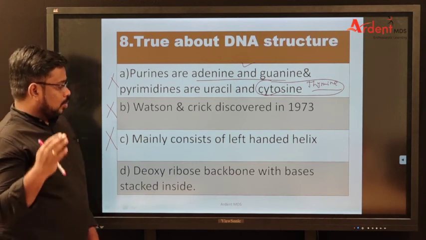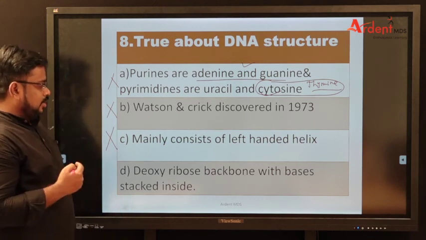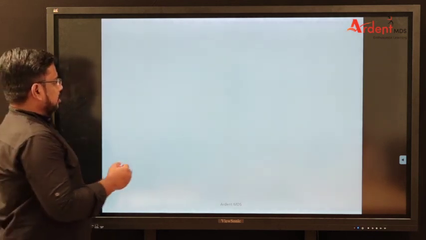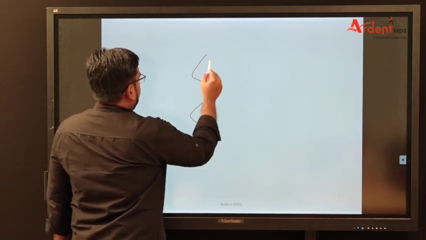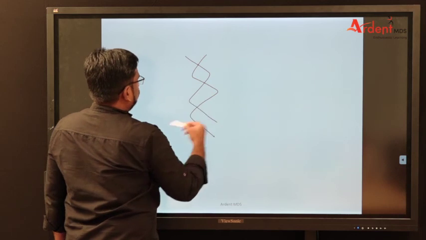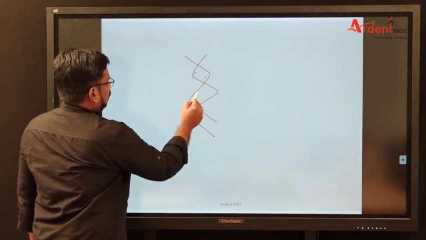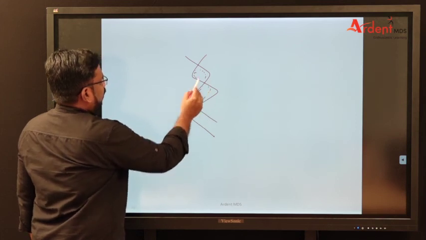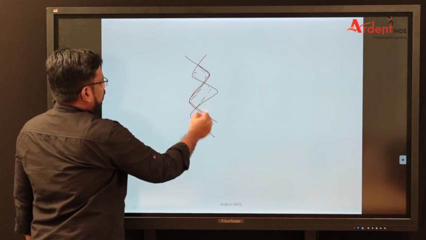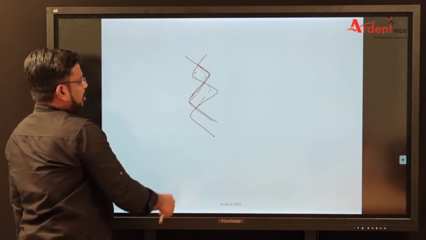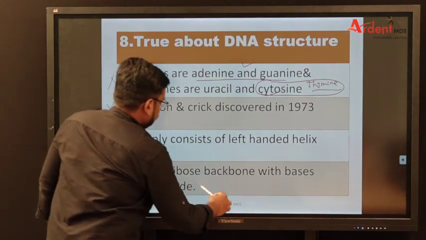Deoxyribose backbone with the bases present on the inside is right. Like if this is the structure of DNA, the bases are present inside. And the backbone is the ribose sugar and the phosphoric acid present in the backbone of DNA. So this is right. So you can go for the 4th option.